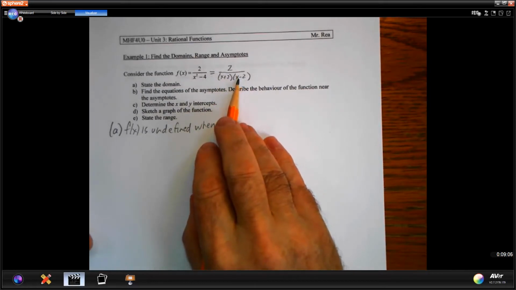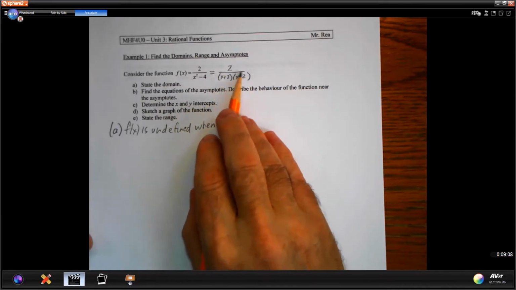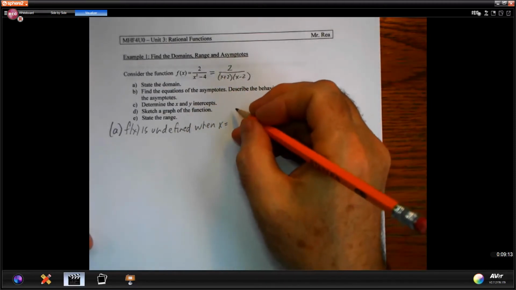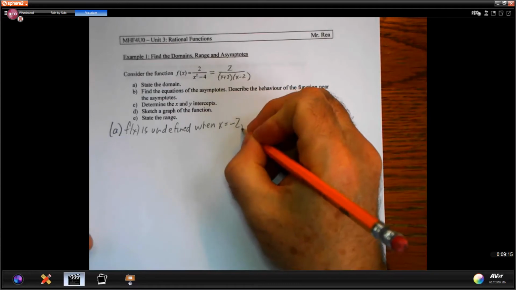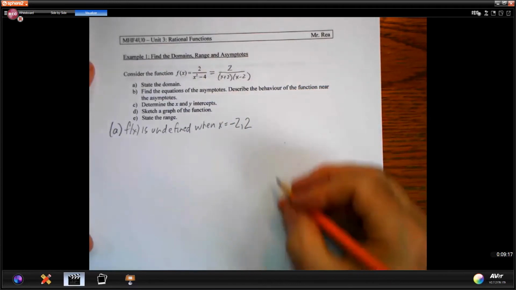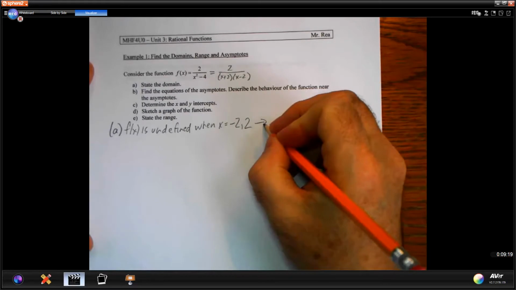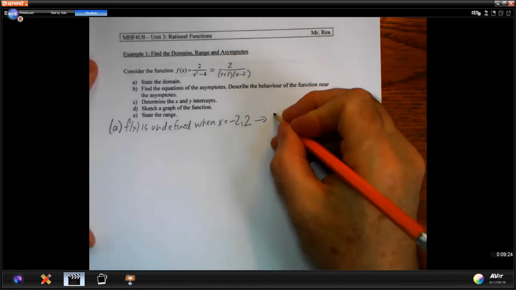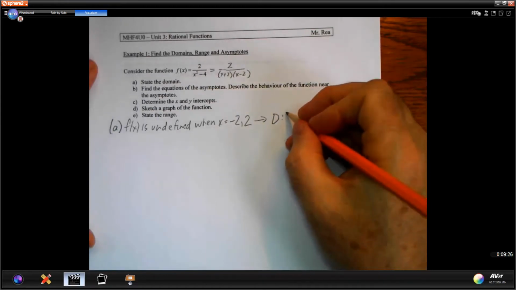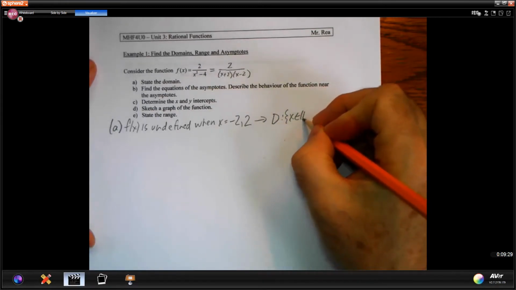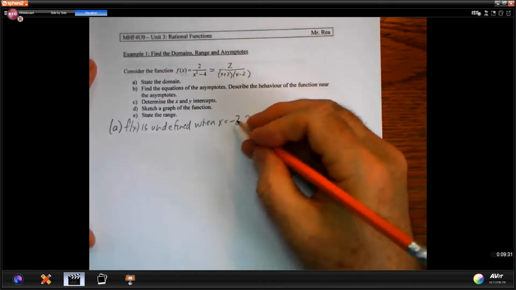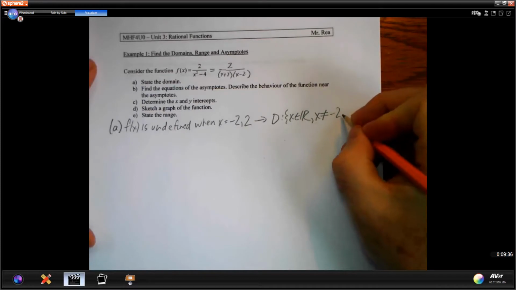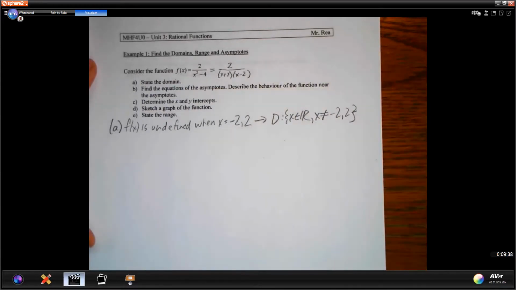Or in the second factor, if x was 2, it would cause this factor to be 0, causing the whole denominator to be 0. So the function's undefined when x equals -2 or +2. So you can write the domain by ruling out those 2 values. Everything else is fair game. So domain: x is an element of the real numbers, and all we do is leave out x cannot equal -2 or +2. So that's the domain.